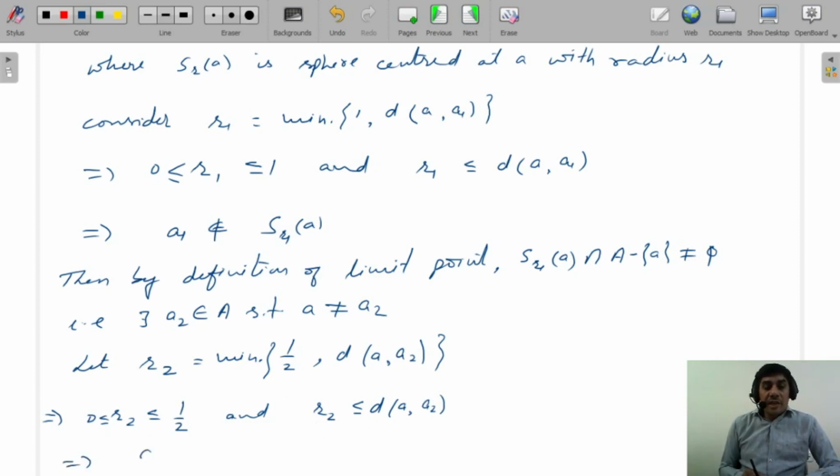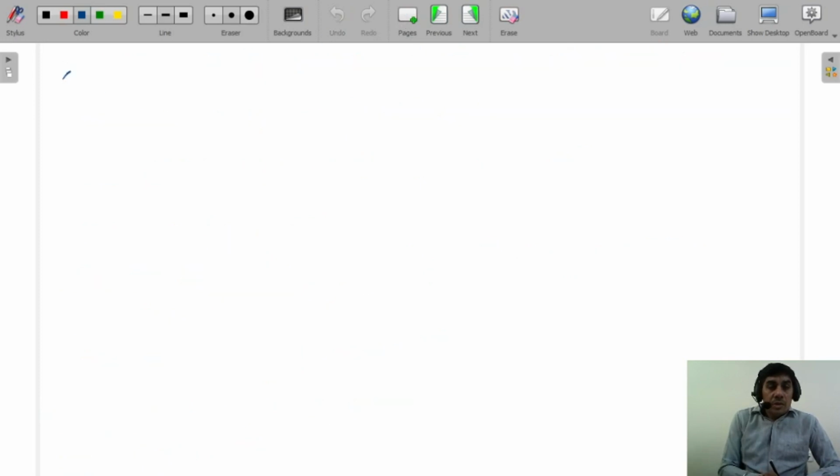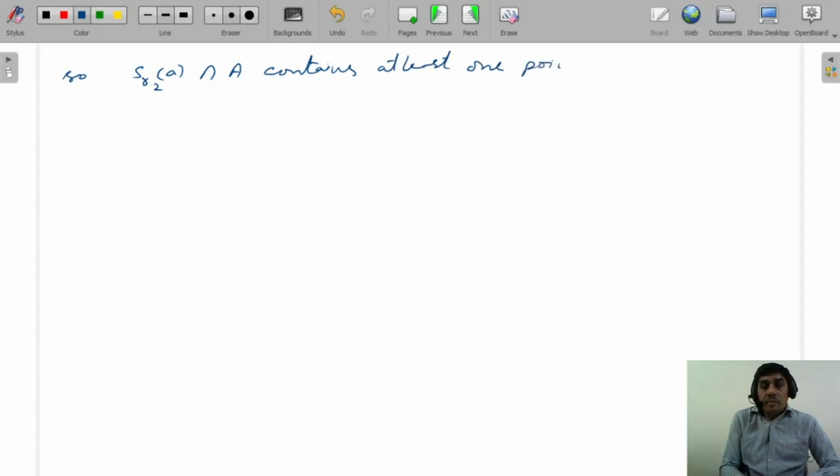This implies a2 does not belong to the sphere centered at a with radius r2. So the sphere centered at a with radius r2 intersect A contains at least one point a3 not equal to a.